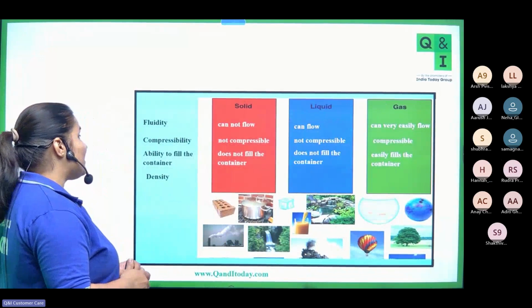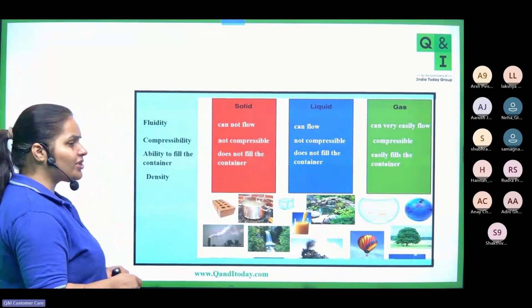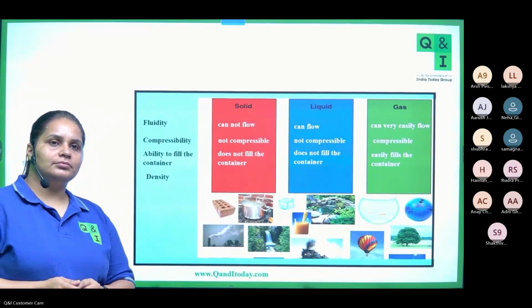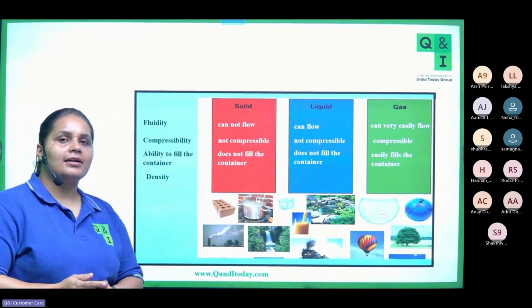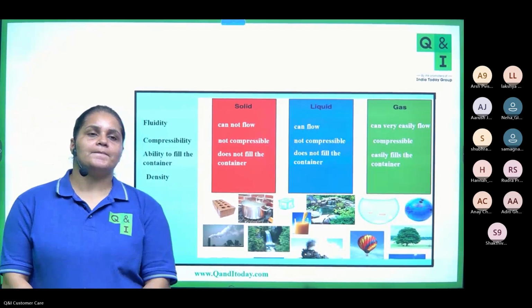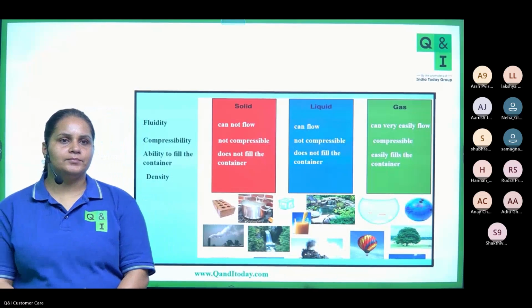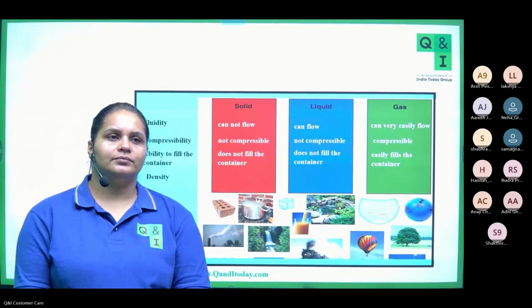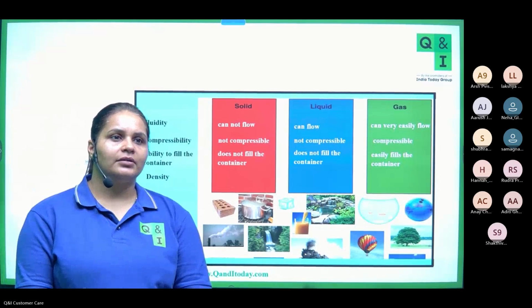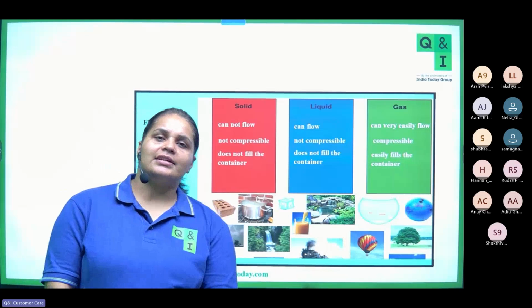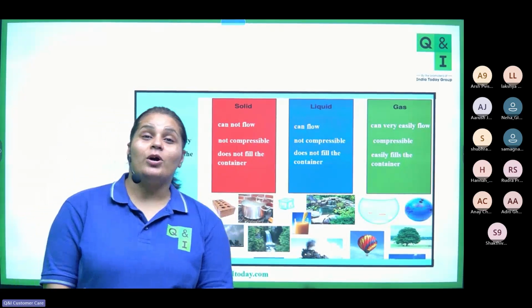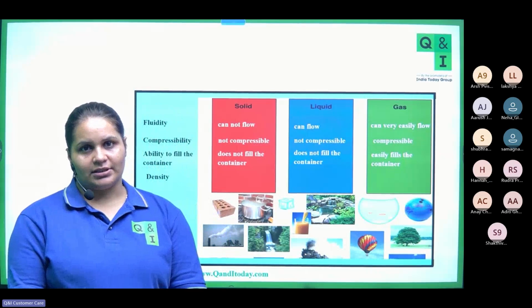Okay. Density. What is the formula of density? What is density? Anyone? Yes, density is mass per unit volume, means in given volume, how much mass is present for a substance, right?